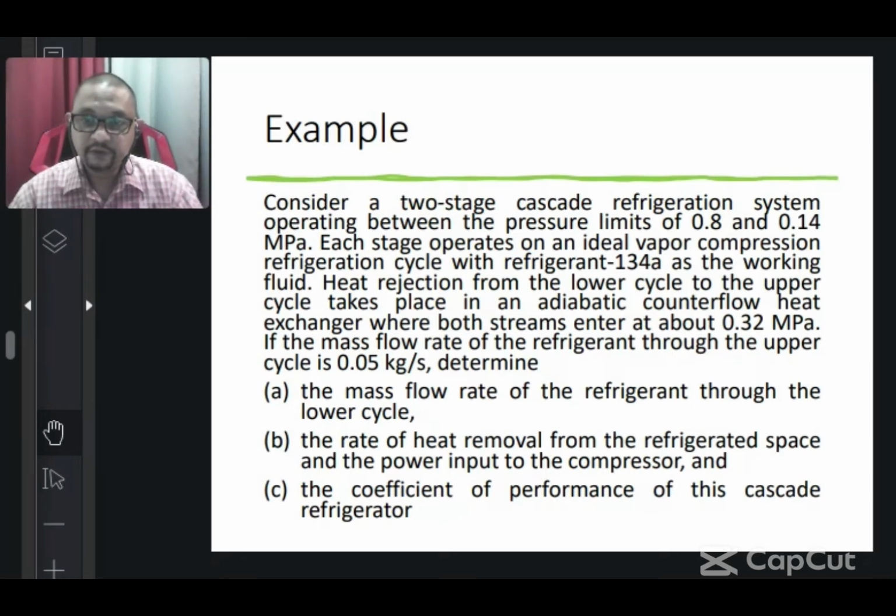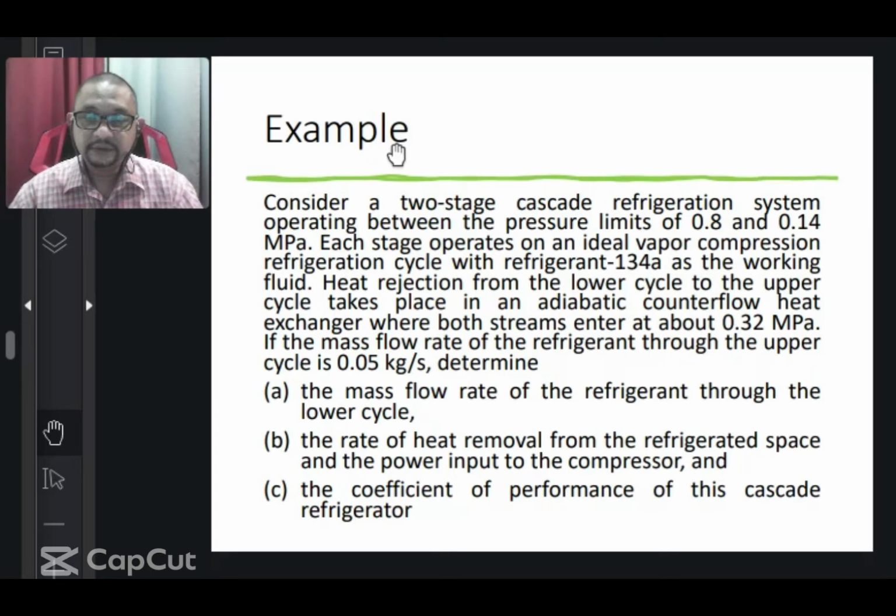If the mass flow rate of the refrigerant through the upper cycle is 0.05 kilogram per second, determine A, the mass flow rate of the refrigerant through the lower cycle, B, the rate of heat removal from the refrigerated space and the power input to the compressor, and C, the coefficient of performance of this cascade refrigerator.